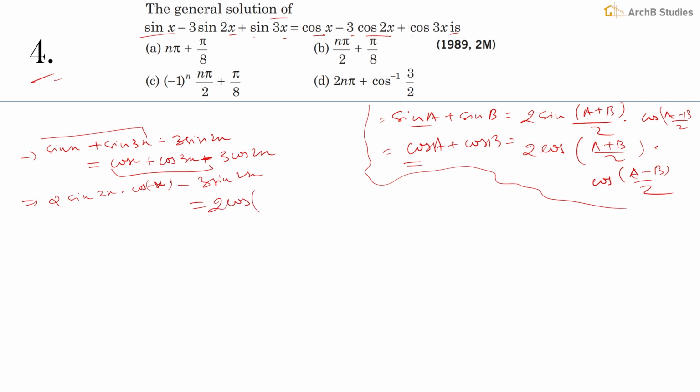Similarly, cos of x plus 3x is 4x divided by 2, cos of 2x, into cos of x minus 3x, same here.